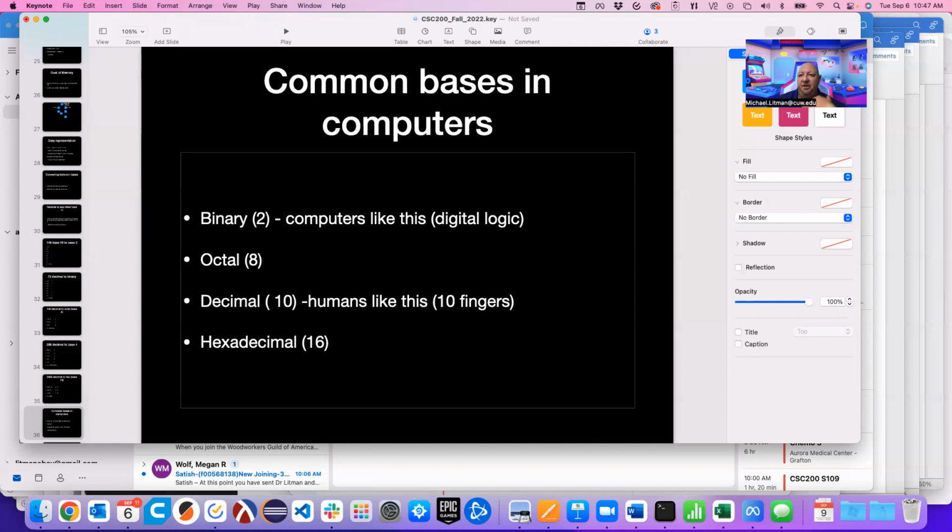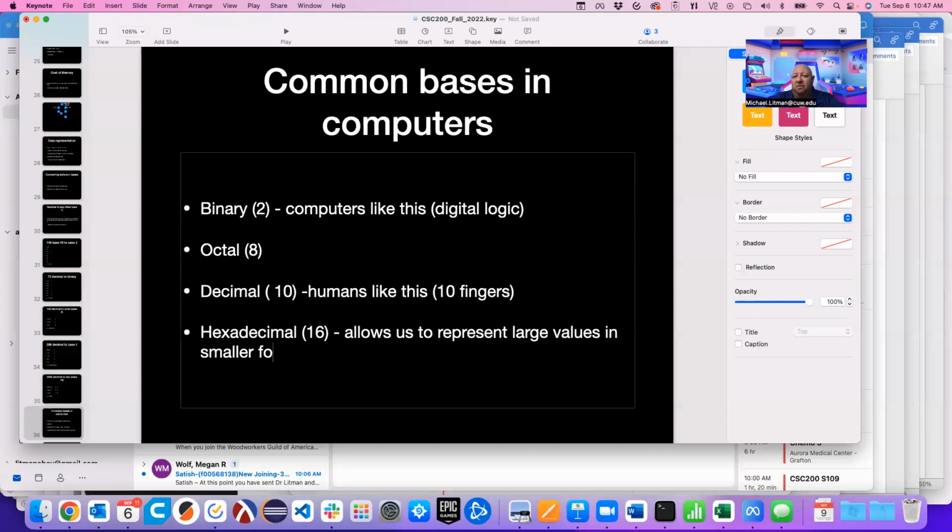So remember, all this stuff we're talking about here is how do we tell a computer what to do? So at the very least, we have to have the language the computer likes and the language the person likes. Okay, so now what about this other stuff? All right, so hexadecimal, as I just gave you an example of, allows us to represent large values in smaller footprints.